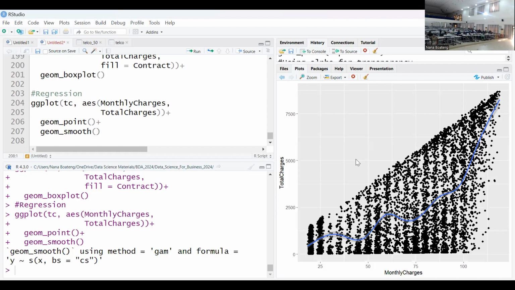Now, if we want to see it according to different colors, we can adjust this a bit. Okay. So we have the Y, we have the X. Okay. We can adjust this and then add the color. And then the color should be by payment method. Let's run this again.